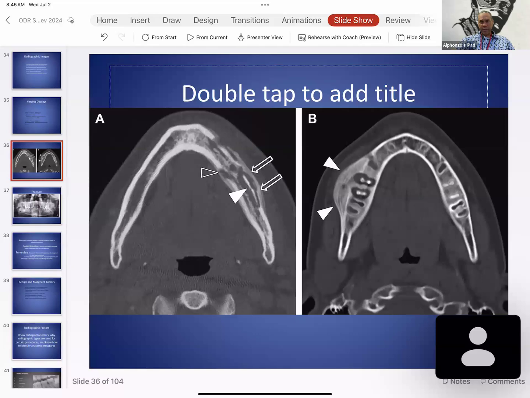The body is actually trying to get rid of the disease, so it's kind of pushing it off, sloughing it away, the way skin cells slough off your body. They're constantly coming off, and the bone is going through the same process here, sloughing away the diseased bone and then laying down new bone. So if you look at B, you see layers almost like an onion peel, layers of bone, and these little radiolucent breaks.